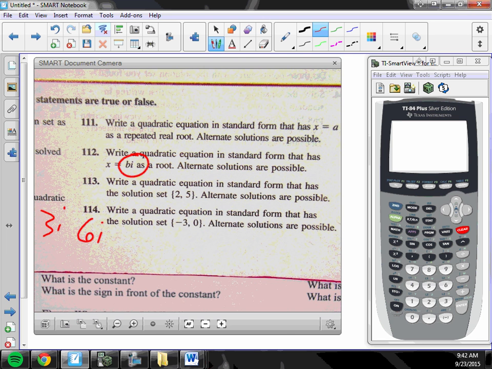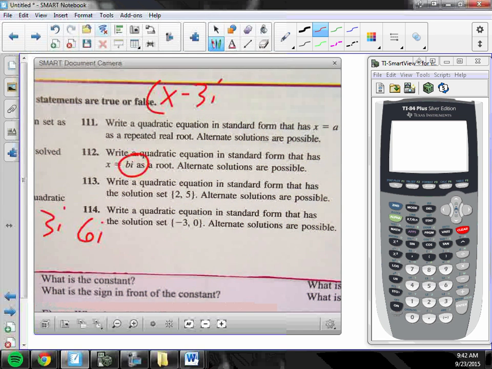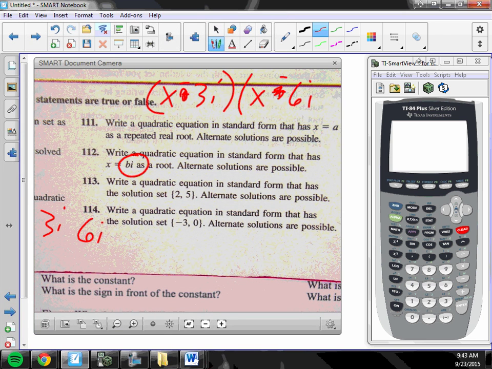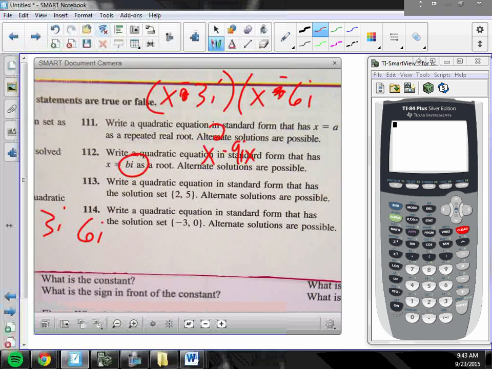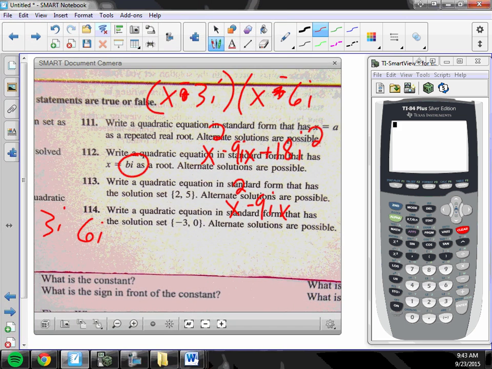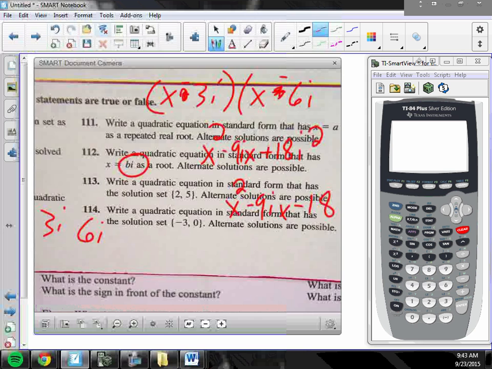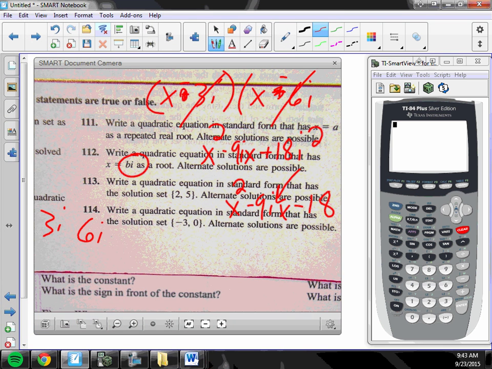Well, when you multiply those together, x minus 3i times x minus 6i gives me x squared minus 9ix plus 18i squared, which turns into x squared minus 9ix minus 18. Is that a graphable quadratic? No, why not? It has an i in it. So these are not options for a quadratic.